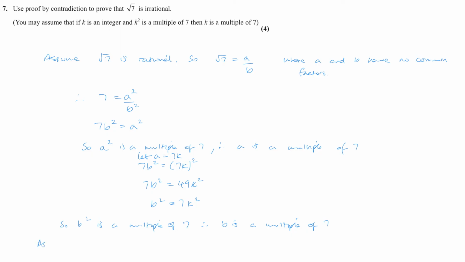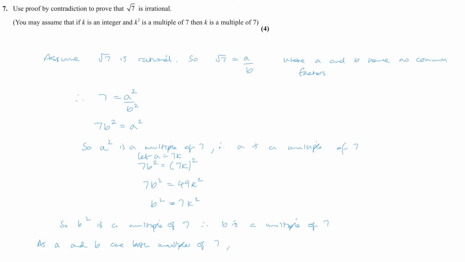Okay, so as A and B are both multiples of 7. Sorry, trying to concentrate on writing and speaking at the same time, so sometimes I have to stop, and spelling.